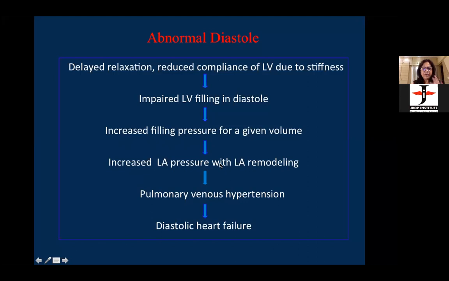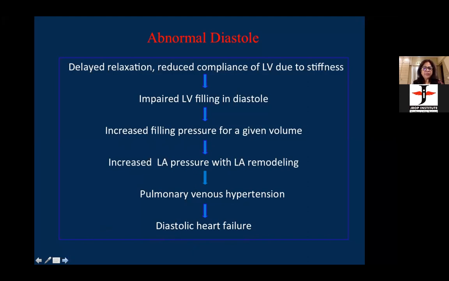LA will undergo remodeling. It will be enlarged, and that will lead to pulmonary venous hypertension, and that results in diastolic heart failure of the patient, which happened in our patient, which I showed you at the beginning.